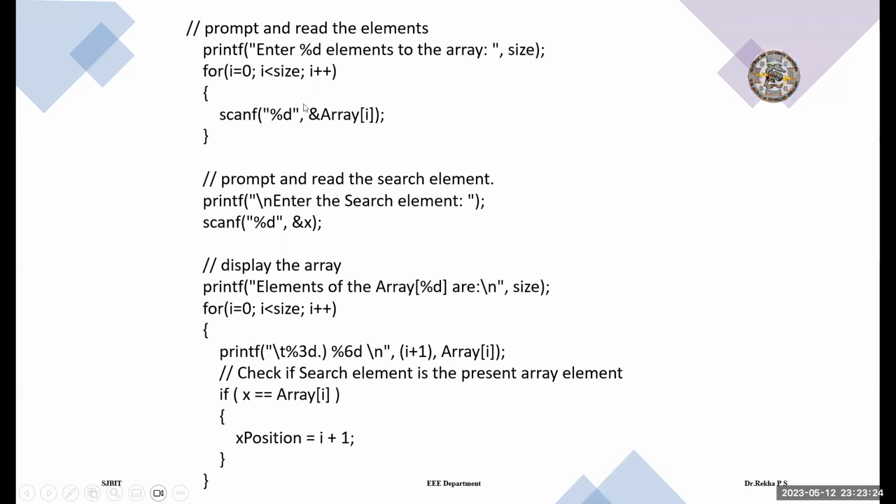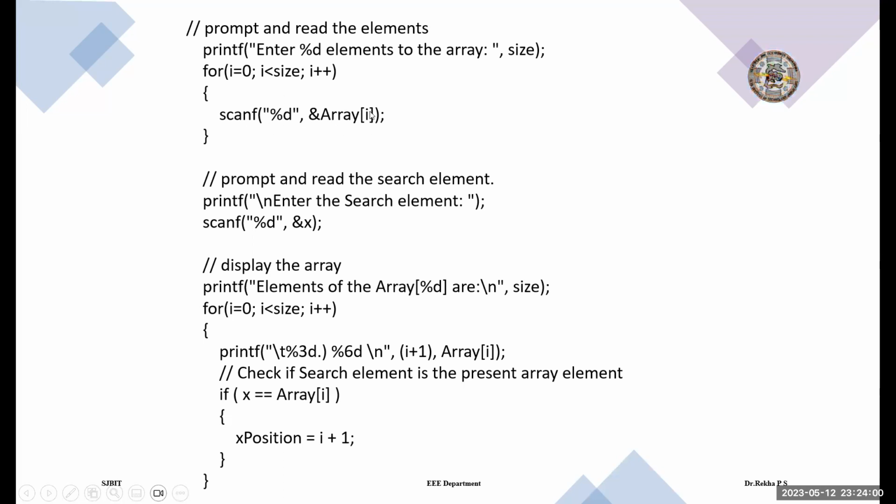Now you should read the values continuously. The user will start entering the values one after the other. Using a for loop, you have to read the elements of an array. For i equal to 0, start with index 0. It will check the condition: if i is less than size, only then, if the condition is true, it will get inside the for loop and read the element, because you have used the scanf function here. %d indicates integer.